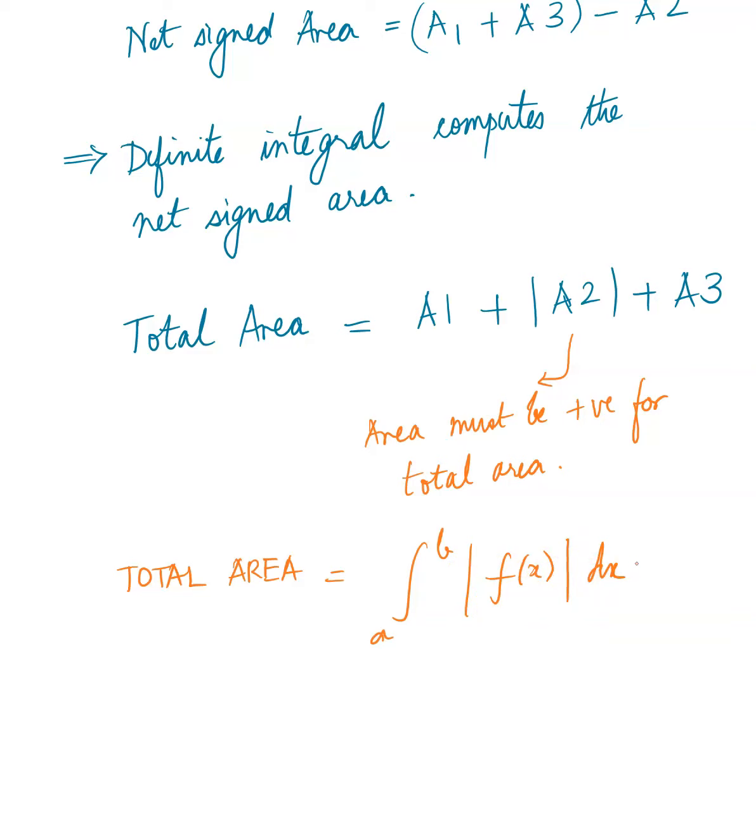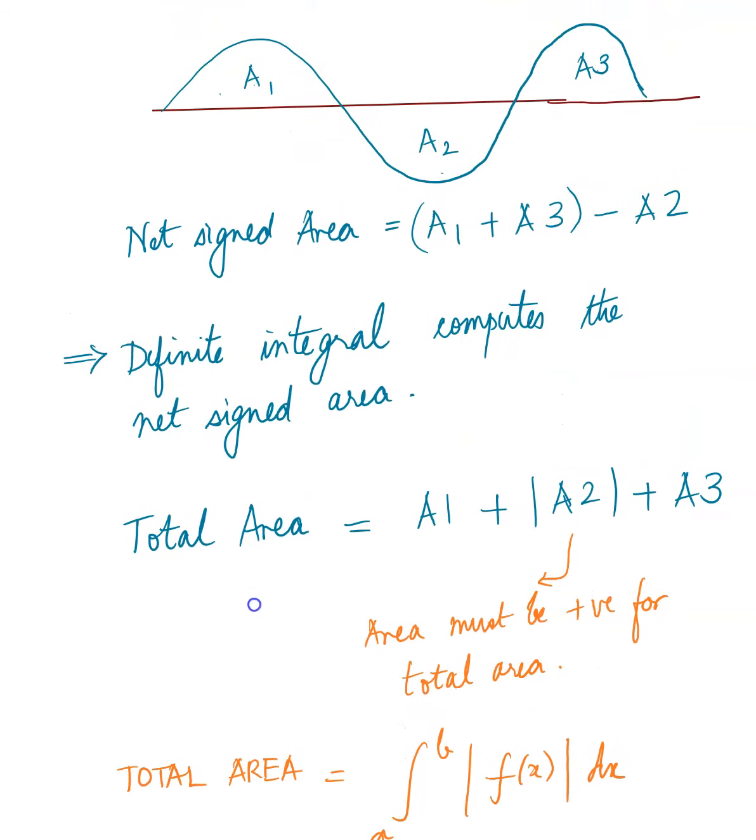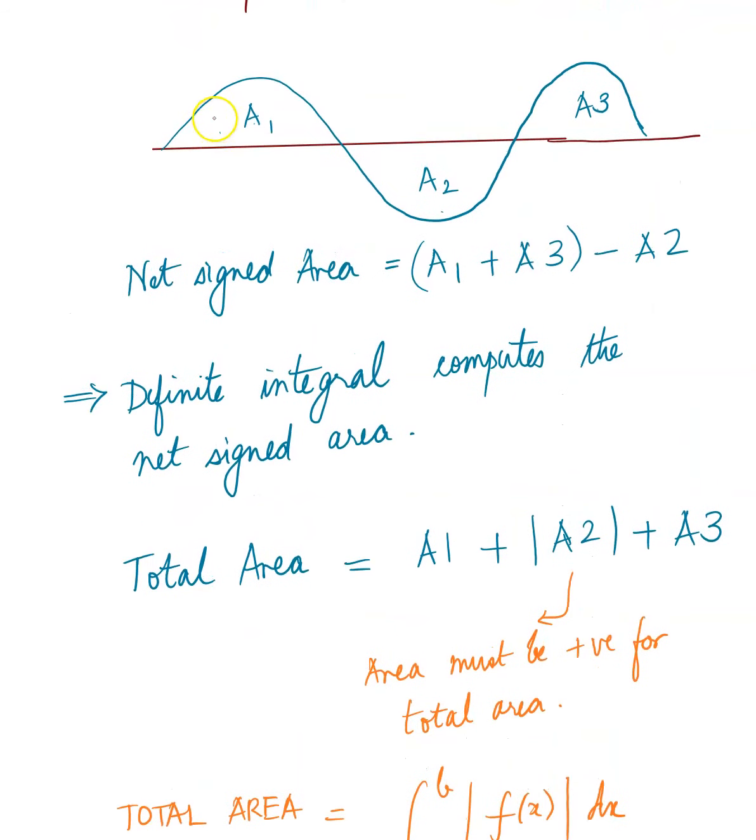I hope this got you thinking into seeing why we got 0 as the area for that cosine function. It's true that it was something like this. Let's say A1 and A2. Okay, so A1 and A2 are the same, but one is above and one is below.